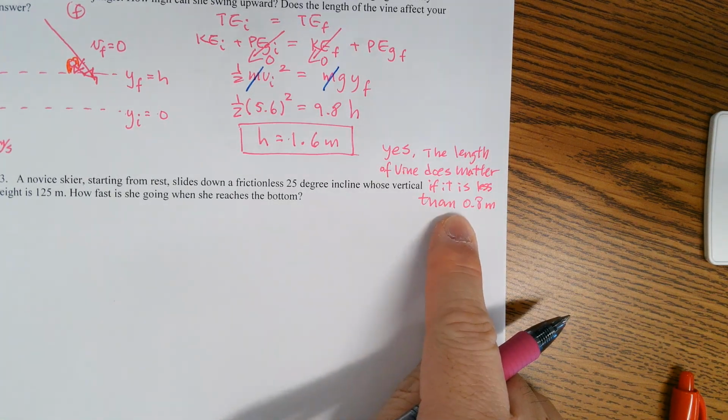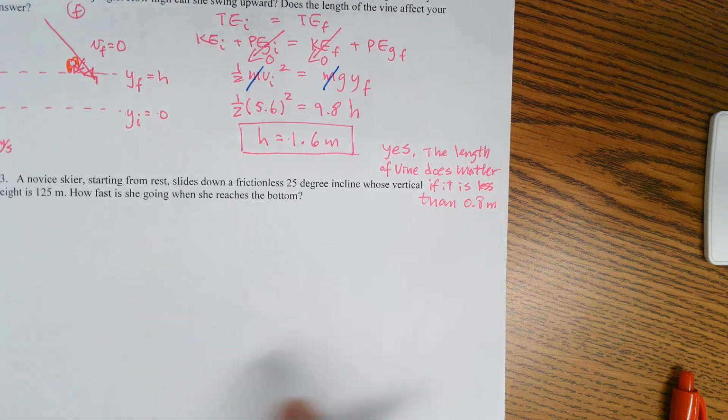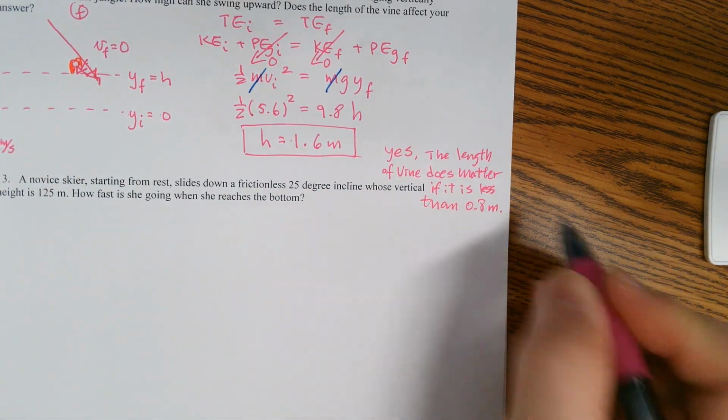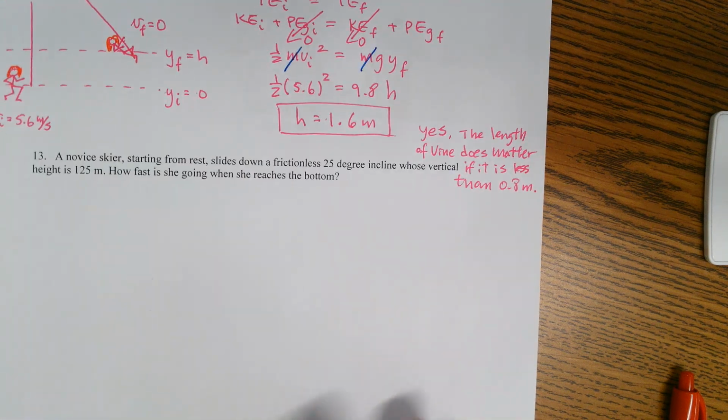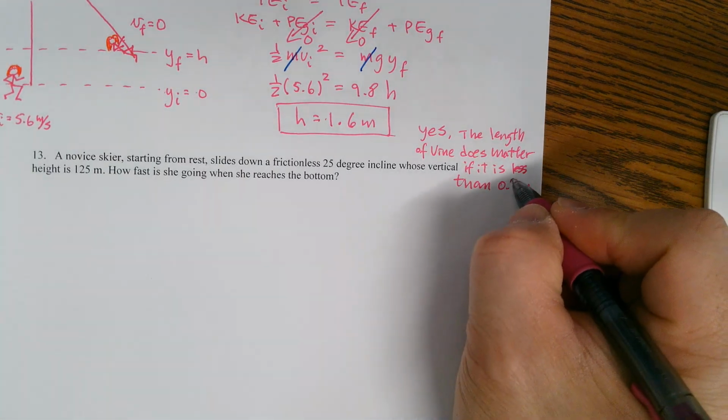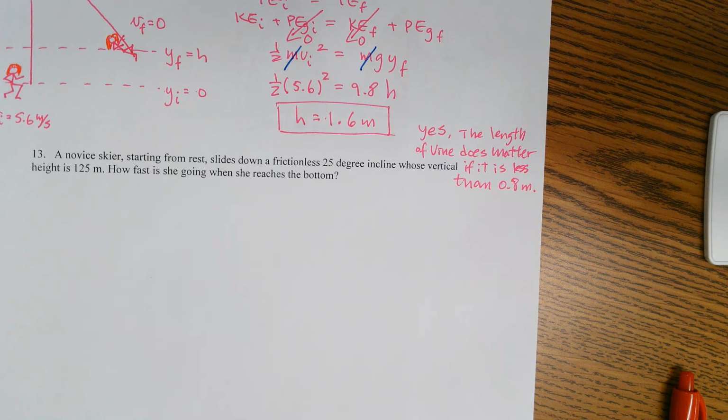If it's less than 0.8 meters, she's going to go around the limb of the vine that's hanging, so she's going to be going in circles. So I would make sure the vine is long enough so she doesn't get hurt.